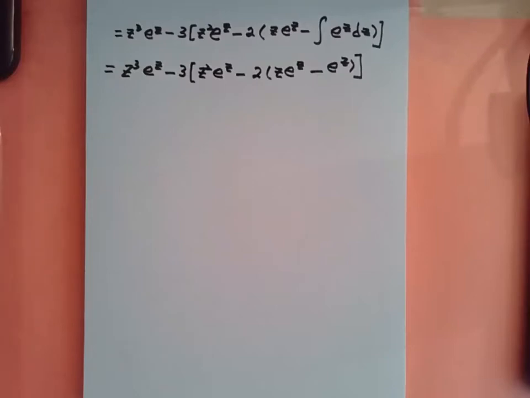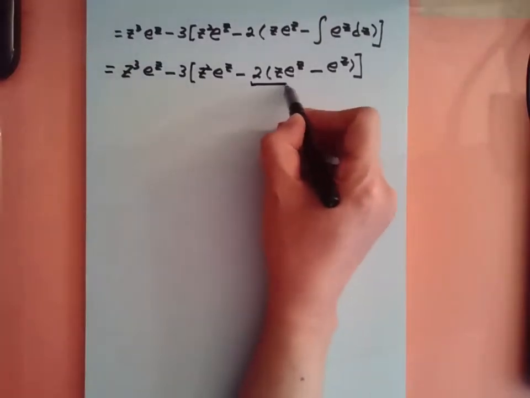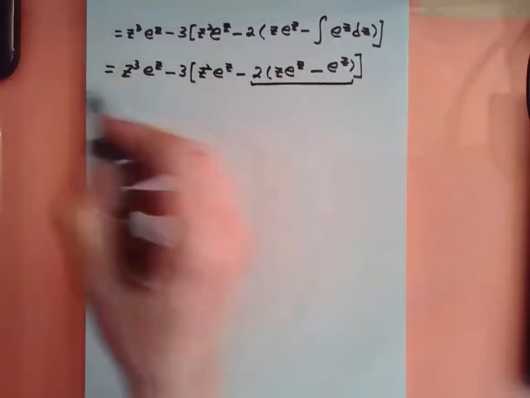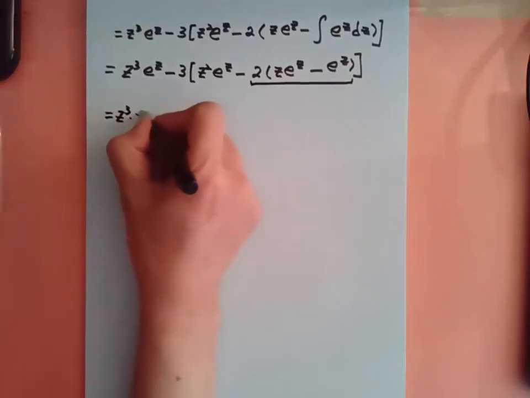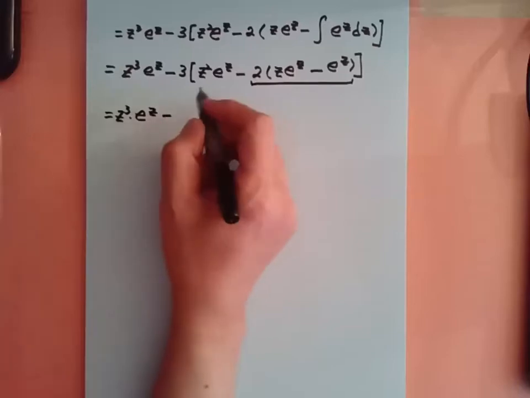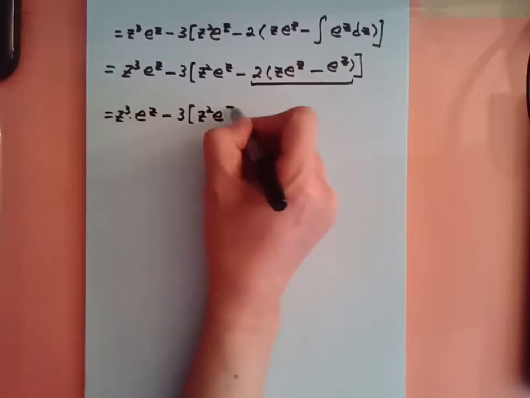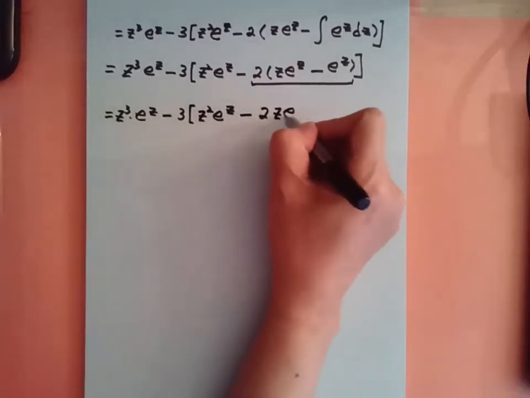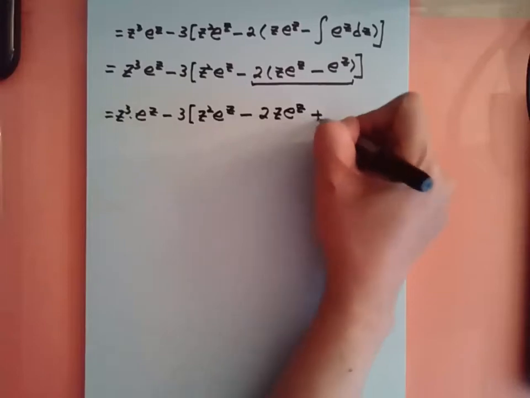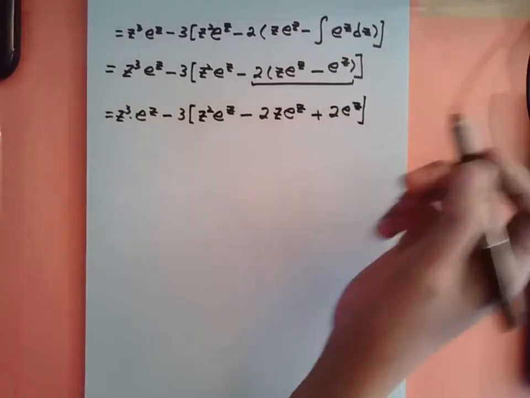Let's work from inside. We will think about this part: z cubed times e to the z minus 3 times z squared e to the z minus 2z times e to the z plus 2 times e to the z, right?